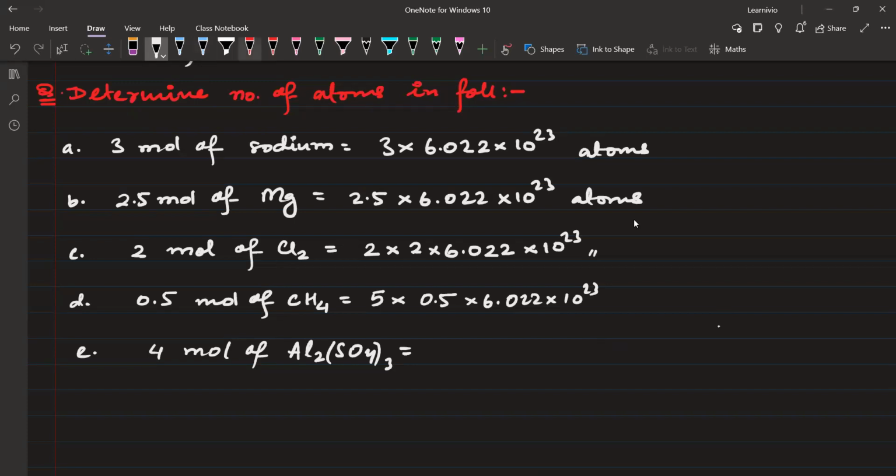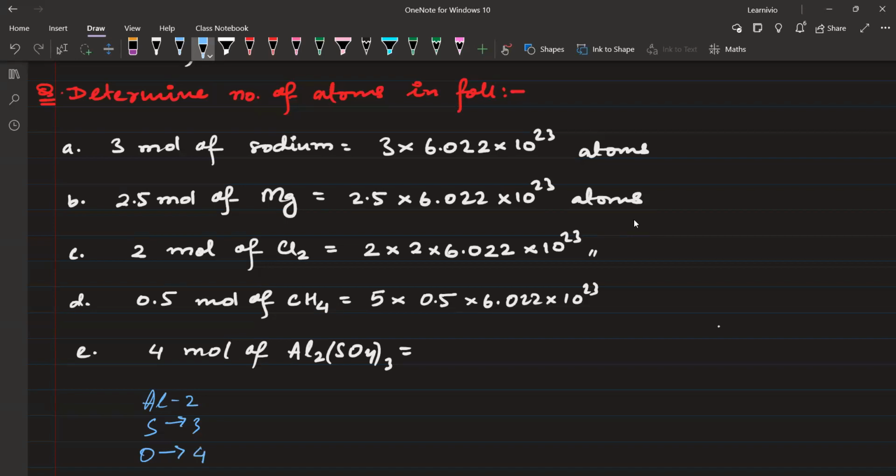See here. How many aluminium? 2. How many sulfur? 3 sulfur, because SO4 is 3 times. In SO4 you will have 1 sulfur, in another SO4 another sulfur, another SO4, so 3 SO4s give 3 sulfurs. Oxygen: in SO4 itself there are 4 oxygens.